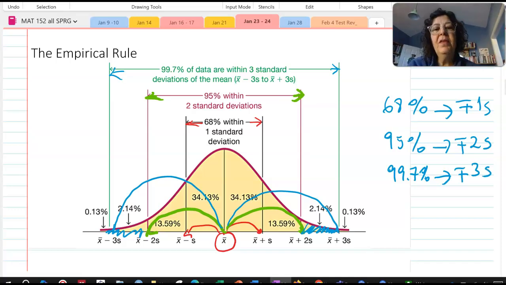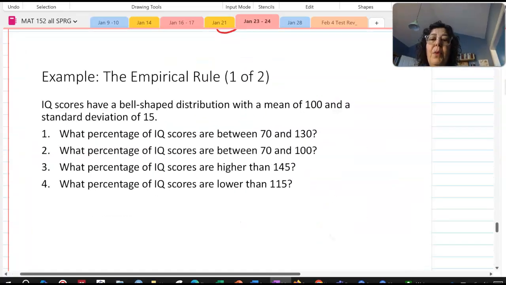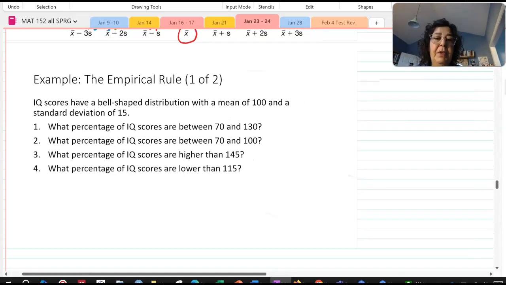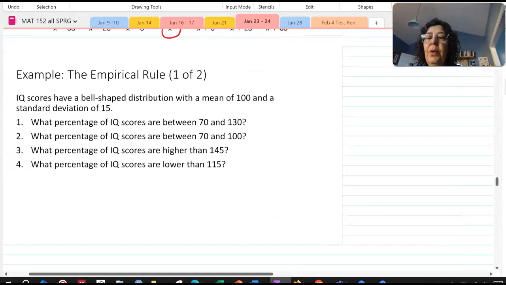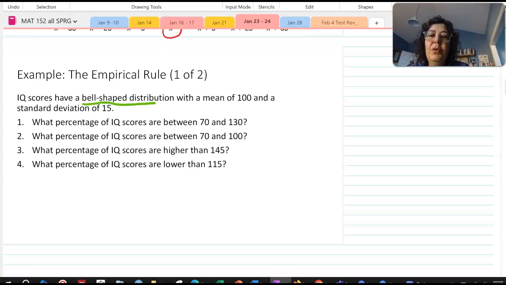So this is the theory. Now, how is this theory going to be related to the problems that we're going to see? So I'm going to look at this IQ problem given in the slides, then we're going to see one example of it. Okay, so IQ scores, as they're saying here, is a bell-shaped distribution.